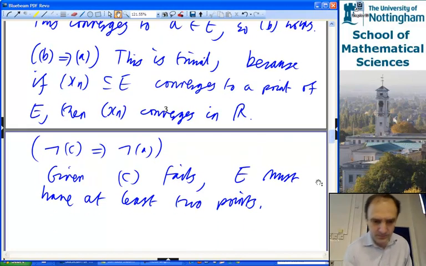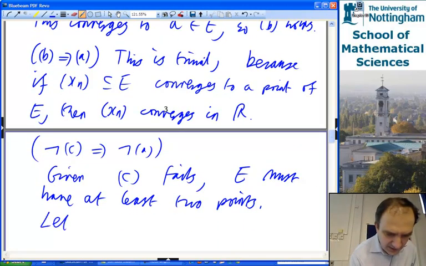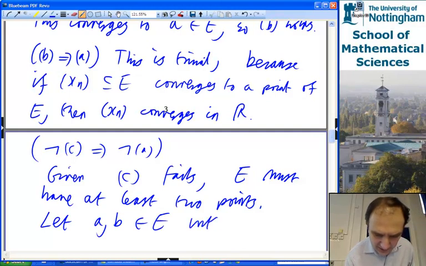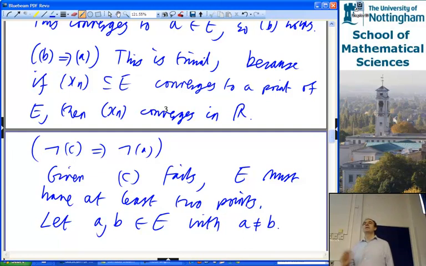So let A and B be in E, with A not equal to B. Of course, one could always write this down anyway, but it's only valid right now because we know E's got at least 2 points.